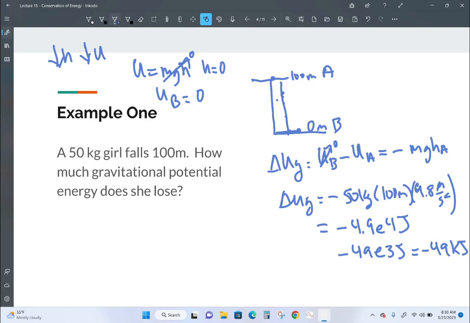So keep that in the back of your mind, because you cannot create energy from nothing, and you can't lose it, it can't just disappear. If you had 49,000 joules of potential energy at point A, and then all of a sudden at point B you don't have any, it had to turn into something. And assuming there's no friction in the system, it turned into kinetic energy.